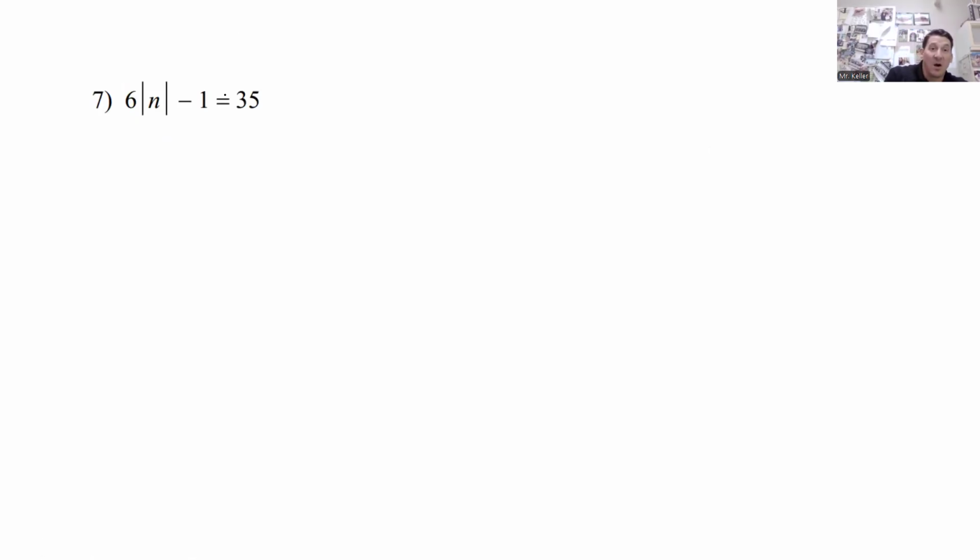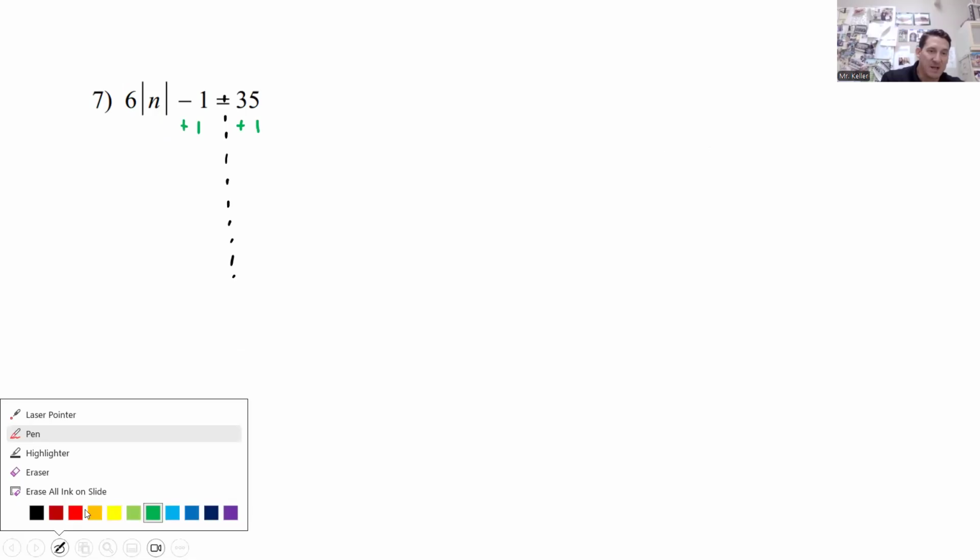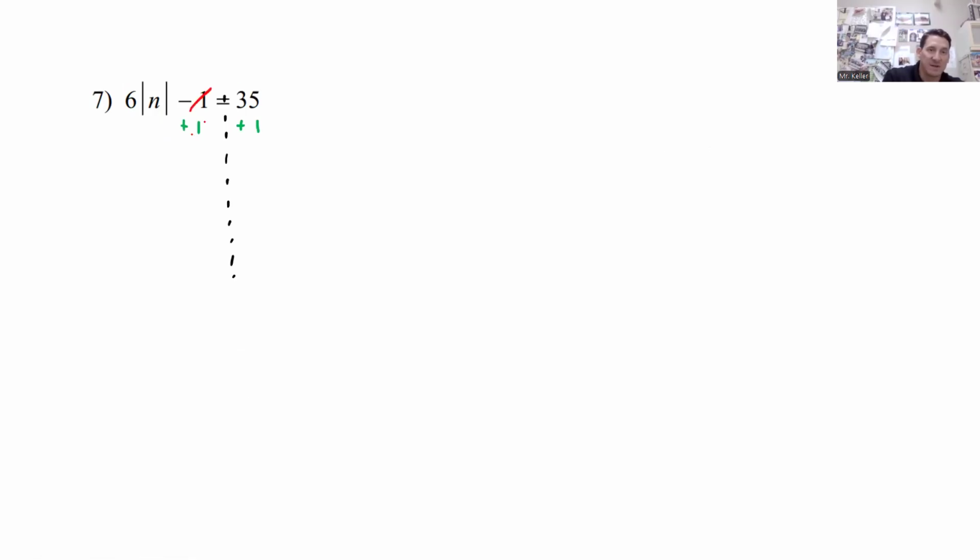Here, our equation is just two steps. So I'm going to take care of the minus 1 first. I'm going to add 1 to both sides. Minus 1 plus 1 cancels out. So we're left with 6 times the absolute value of n is equal to 36. Then I'm going to divide both sides by 6.